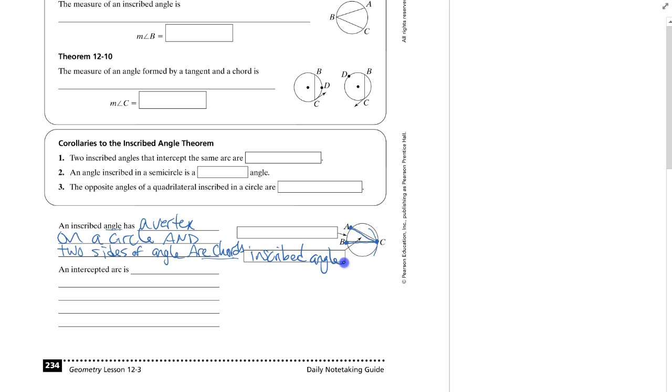angle. Now, when we have a circle and we make an angle, there's this magic part right here that we get to refer to and study and practice with, and this is called the intercepted arc.